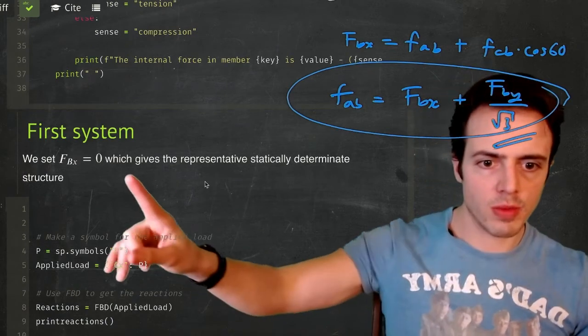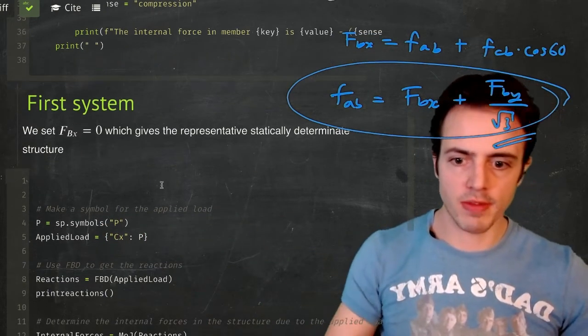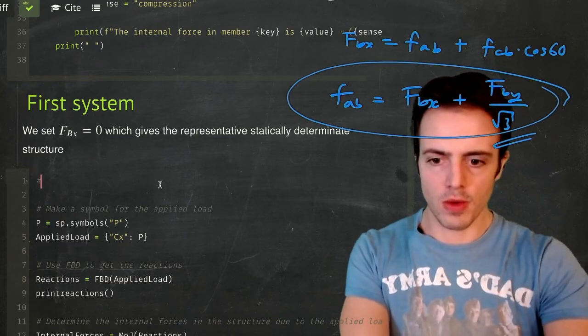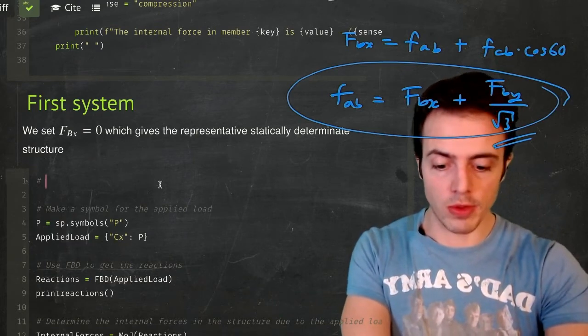Here we go. So the first system, we set fbx is equal to 0, which gives the representative statically determinate structure. So let's set that value to the reaction.